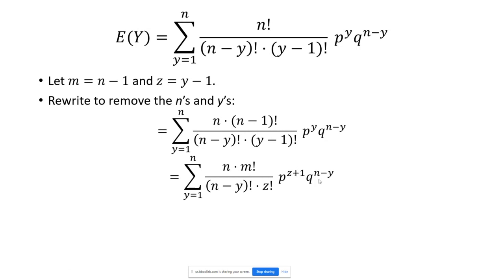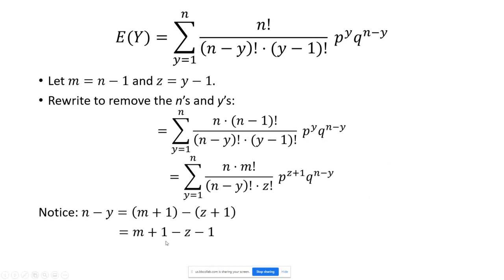All right. So now we have these two factors that have an n minus y in them. We have an n minus y factorial in the denominator, and we have a q to the n minus y. Notice that n minus y equals m plus 1 minus the quantity z plus 1. If we distribute the minus sign to the z and to the 1, we get m plus 1 minus z minus 1.